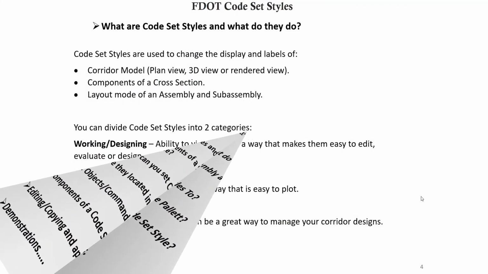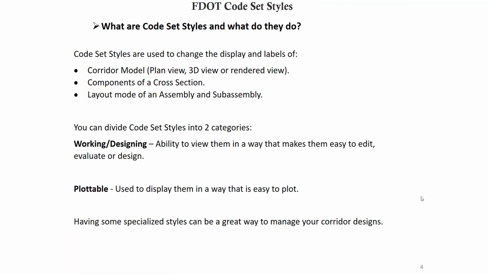Okay, so the first thing we're going to talk about real quick is what code set styles are and what they do. Code set styles are styles that can be used to display or change the look of different objects, such as a corridor model, whether it's in plan view, a 3D view, or maybe you want to create a rendered view of a corridor model. Or maybe you want to change the look of the components of a cross section.